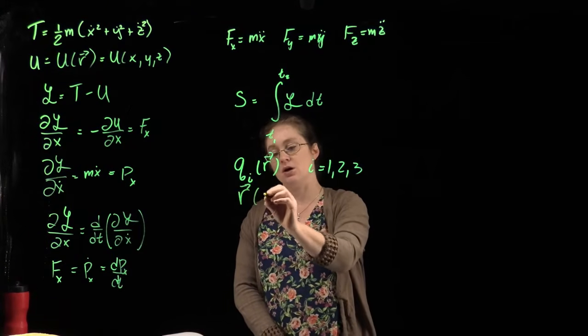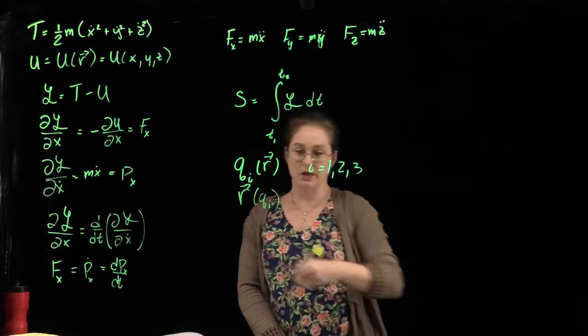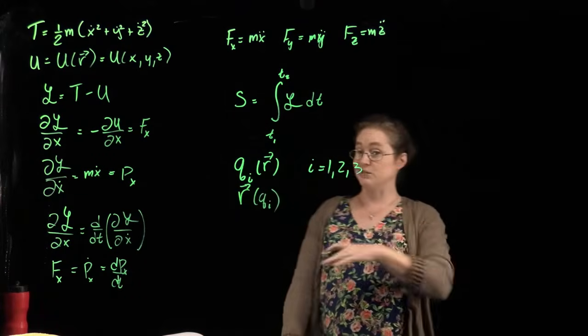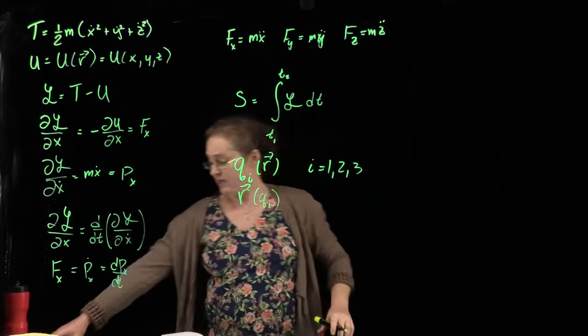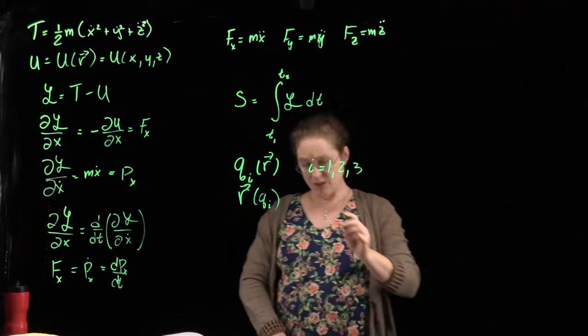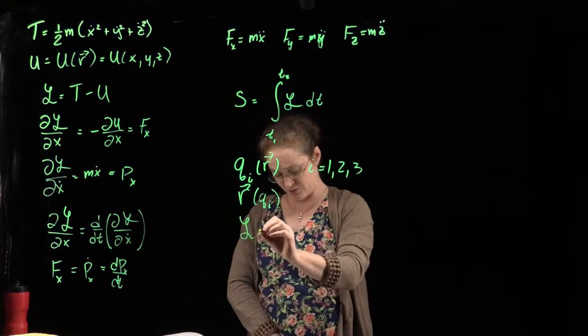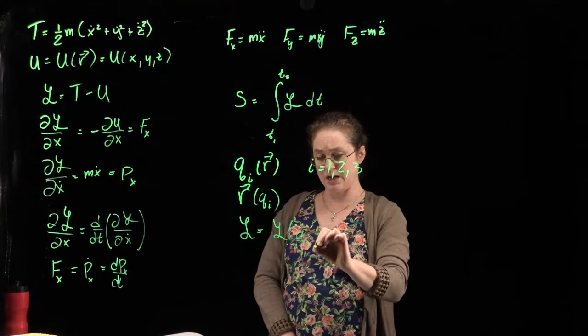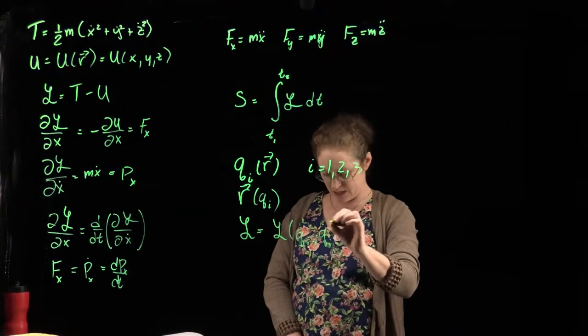We can write r as a function of these q_i. Keep in the back of your head that an example of this is spherical polar coordinates. You can always describe the position in terms of spherical polar coordinates. And then you can write the Lagrangian as a function of q_i and q_i dot.